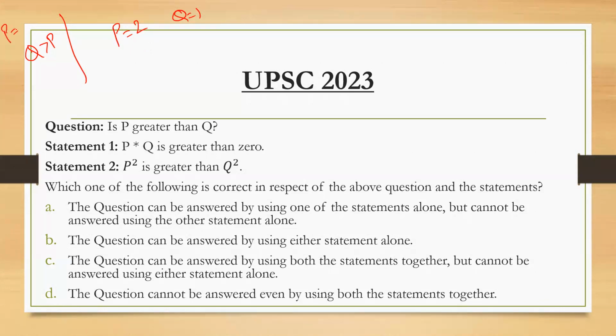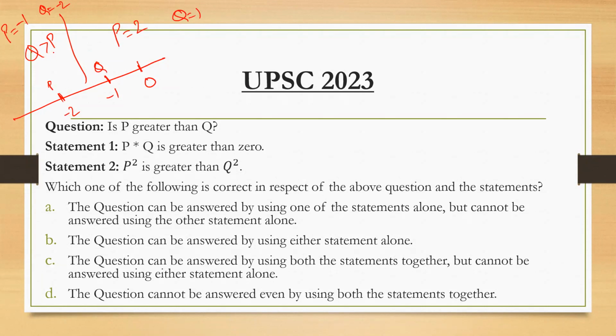In the previous one, P is equal to minus 2, Q is equal to minus 1. If you plot it on the number line, this is minus 1, this is minus 2, this is 0. Whichever is to the right-hand side, that is the greater one. So this is Q, this is P. So Q is greater than P.